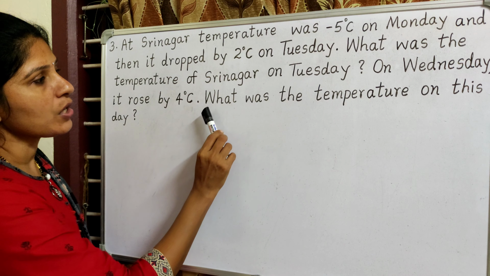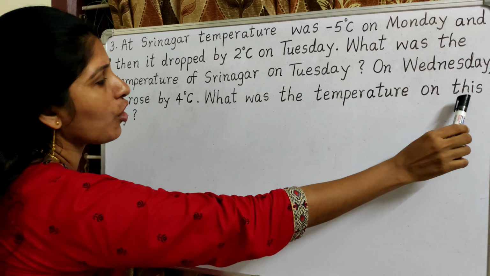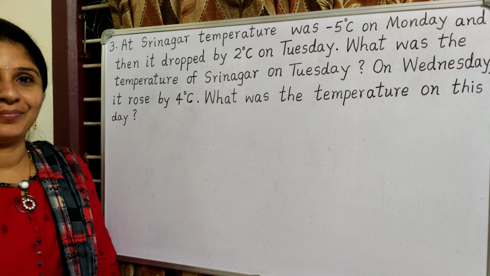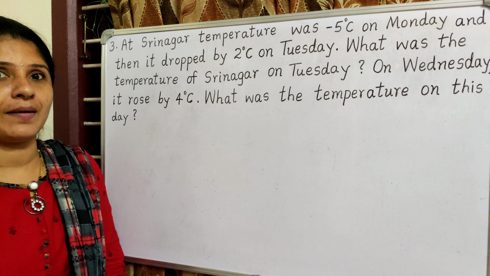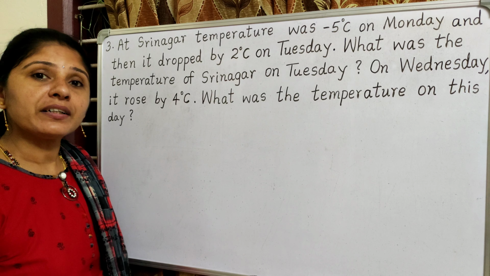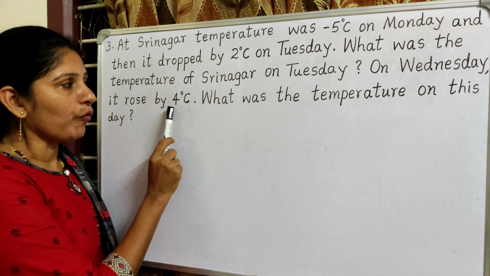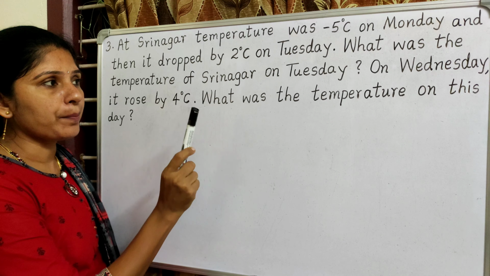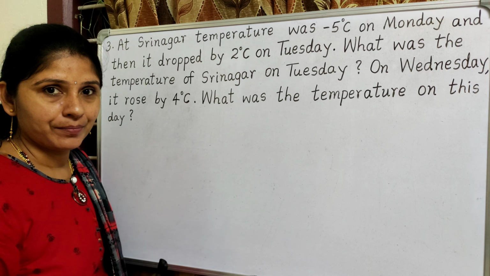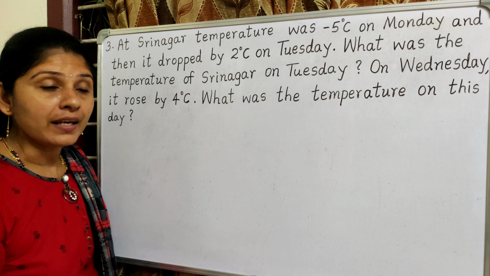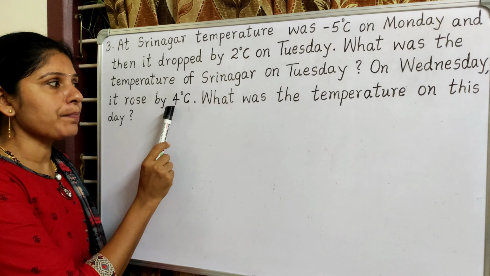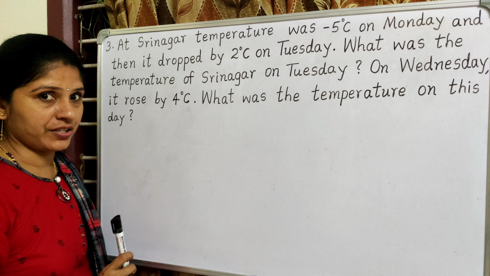The question is, what was the temperature on this day? This day means Wednesday. To find out the temperature on Wednesday, we have to add 4 degrees Celsius to the temperature on Tuesday, because on Wednesday the temperature increased by 4 degrees Celsius.